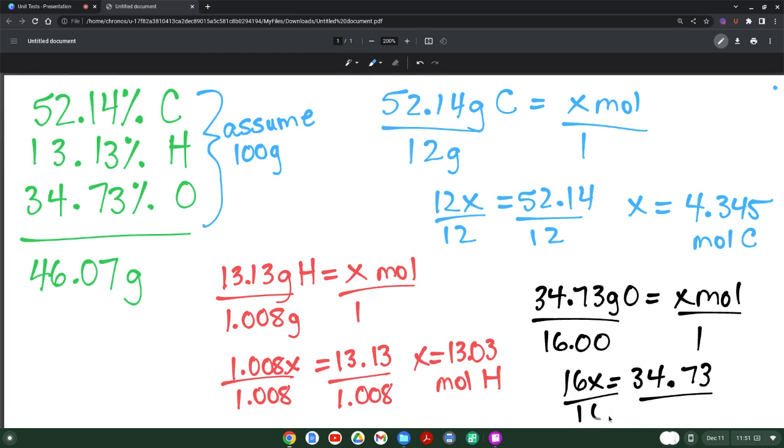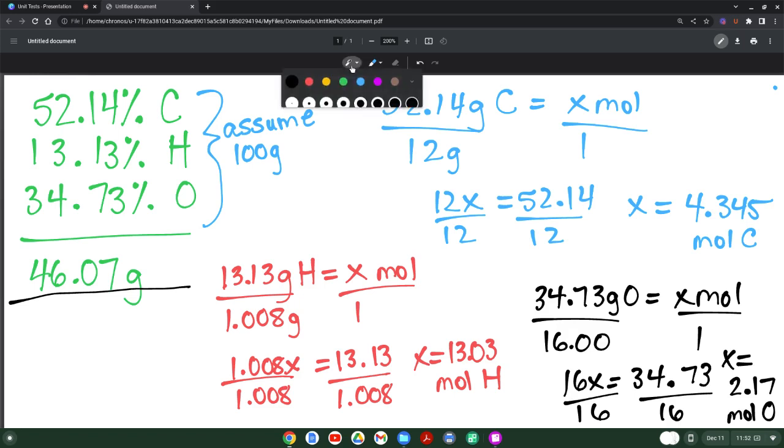Divide both sides by 16. This gives us 2.17 moles of oxygen. I'm going to record all of this information over here underneath, and then I'm going to erase to give us some more room.